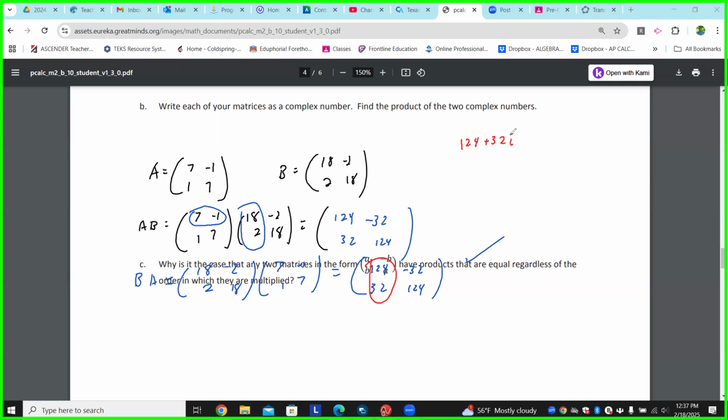Okay. Part C then says, why is it the case that any 2 matrices in the form of this have products that are equal regardless of the order in which they are multiplied? Anyone have an idea of why this form always works?